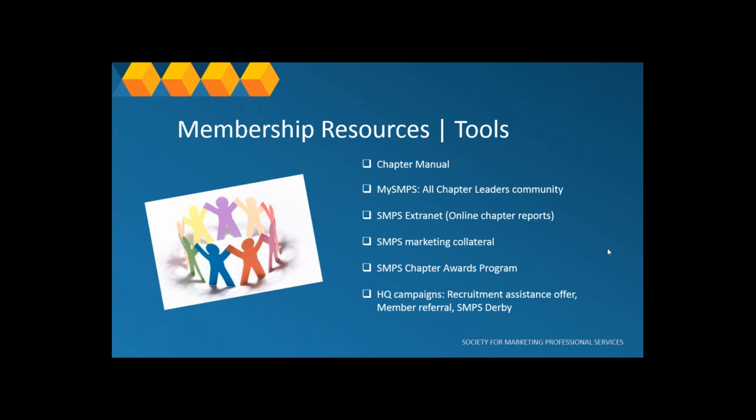For retention specifically, the membership committee reaches out to members by email 60 days before their expiration, 30 days before their expiration, and immediately after, just to have a touch point, so we can get feedback as to why they're not rejoining, or just to remind them to join.